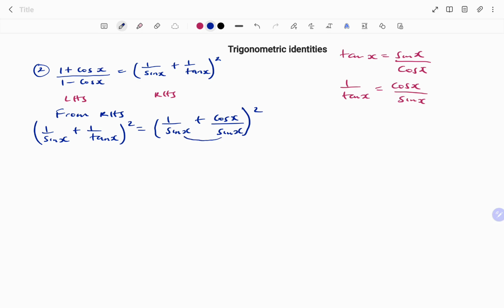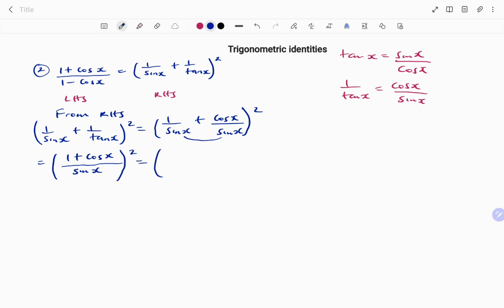Because they have the same denominator, we apply the fraction rule, which says if the denominators are the same and you're adding, you put the terms under the same denominator, which is sine x in this case, and at the top we have 1 plus cos x, adding the numerators, all squared.